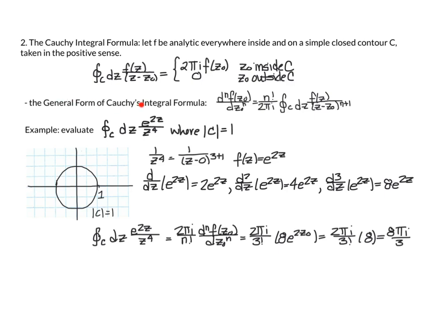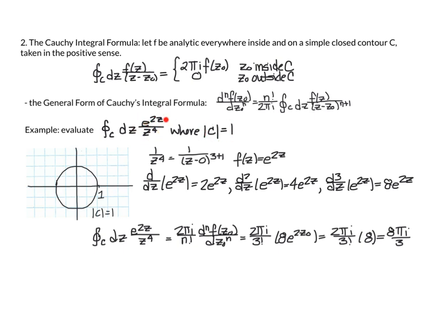We also have this general form of Cauchy's integral formula for when we have powers greater than 1 in the denominator, a z minus z naught raised to a power greater than 1. And our example is the integral over C of e to the 2z over z to the 4th, where we have a circle of radius 1.